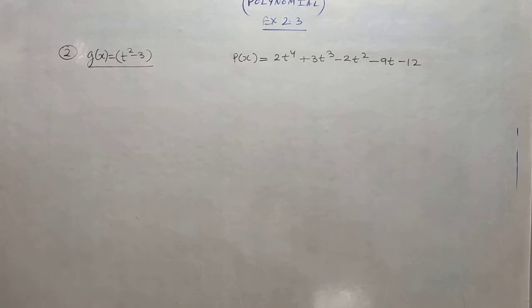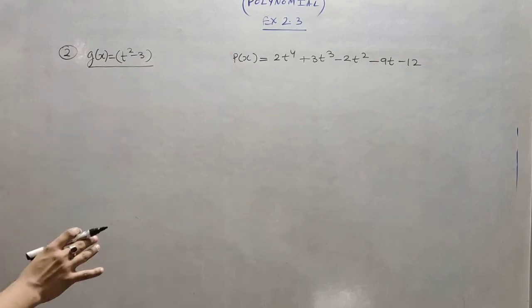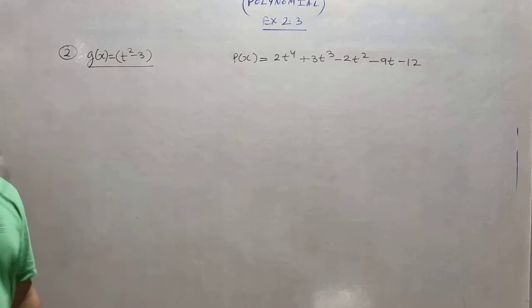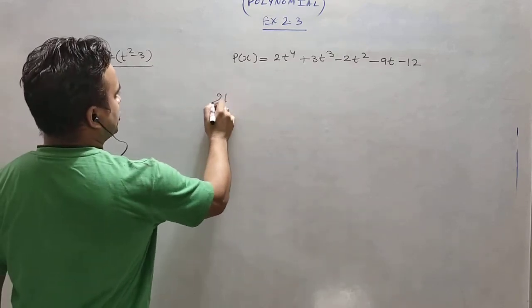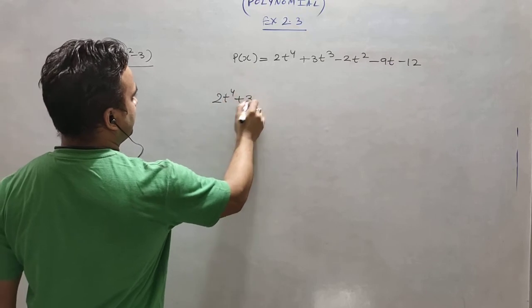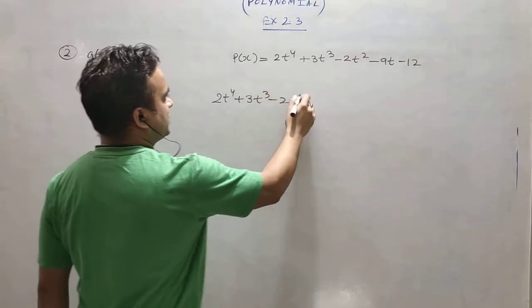But here we will do the division and on the basis of the remainder we will write a result. In question number 1 we were writing the remainder and quotient only, but here we will write one concluding result which will be based on observation of the remainder, right? So it is 2t raised to the power 4. So I will do the division again.